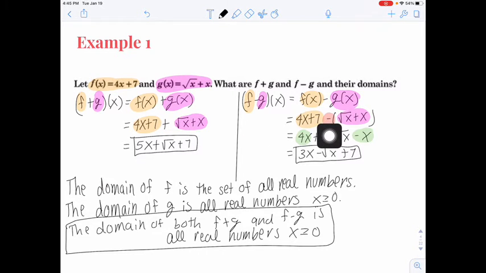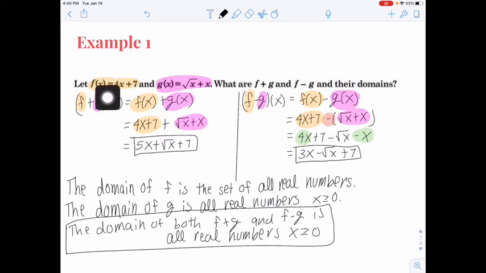When you have a subtraction sign, it is going to change what's inside the parentheses, so you do need parentheses after a minus sign. So next we're going to distribute this negative sign to get minus the square root of x and minus x, and then we can combine like terms. 4x minus x gives us 3x. We now have a minus square root of x and a plus 7. So f minus g of x becomes 3x minus the square root of x plus 7.